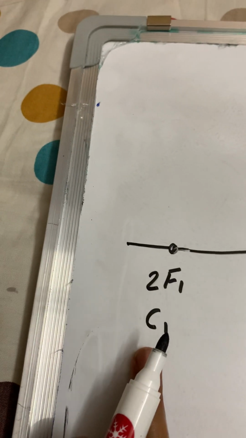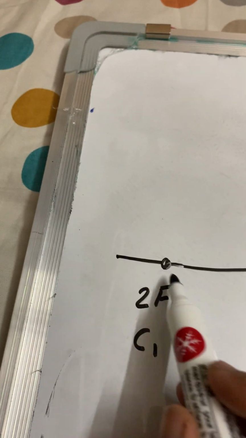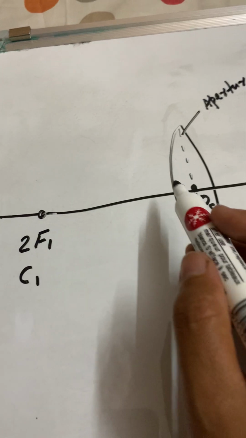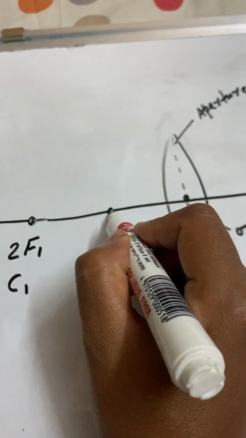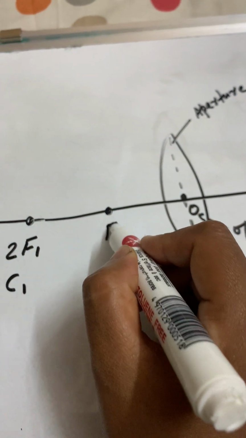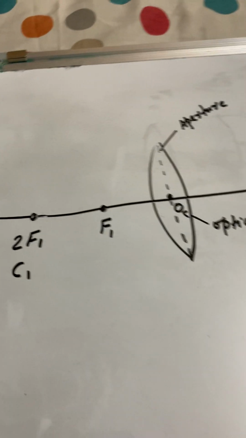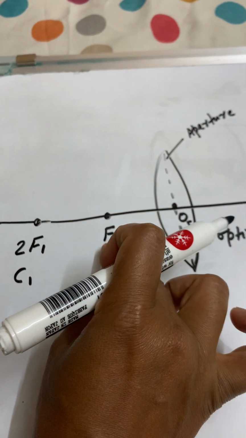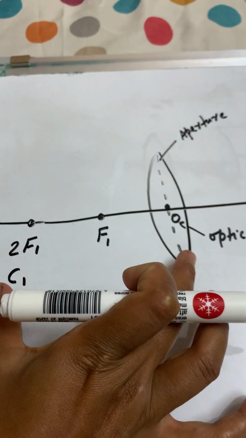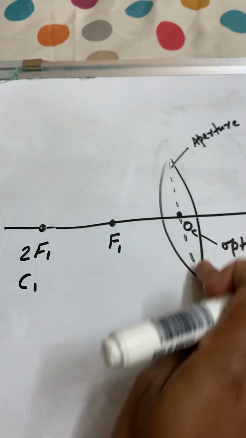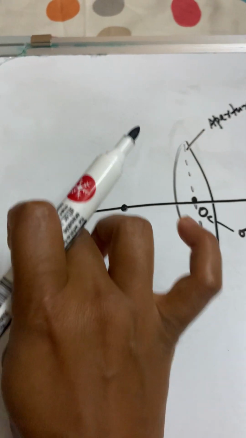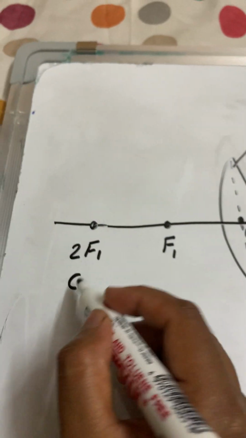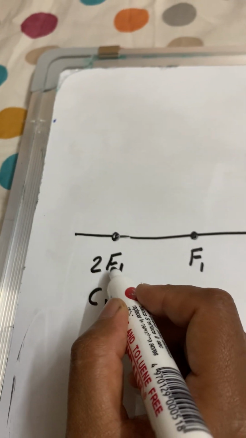C stands for center, and right in between O and 2f1 there is the focus. As there are two focus, this is called F1. F1 is half of the center of the spherical lens, so in place of C1, normally we call it 2f1. It's double of it.